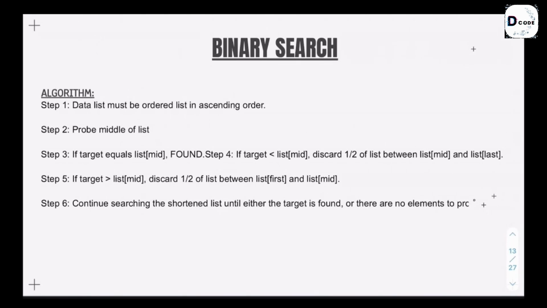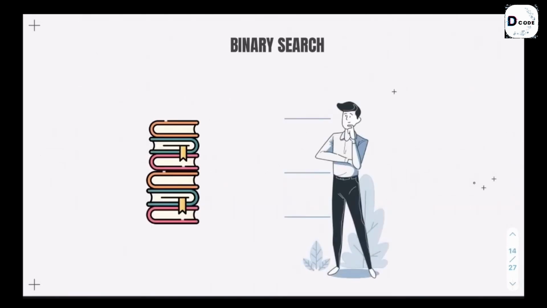Before that, let's understand it with an example. Suppose you have been given a pile of books that are arranged roll number wise, and your roll number is 50. I know that you won't start searching for your book from the top. You know that your book will be in this region. So what will you do?